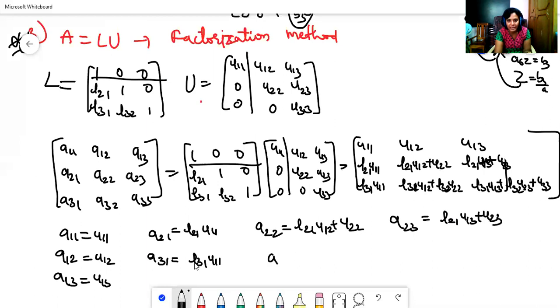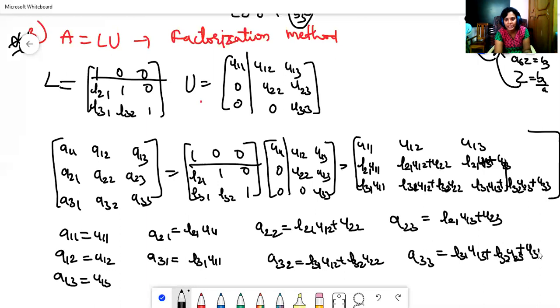Like that, A32 is L31 U12 plus L32 U22, and A33 equals L31 U13 plus L32 U23 plus U33.